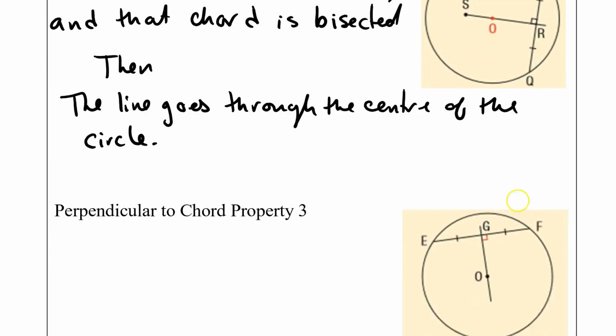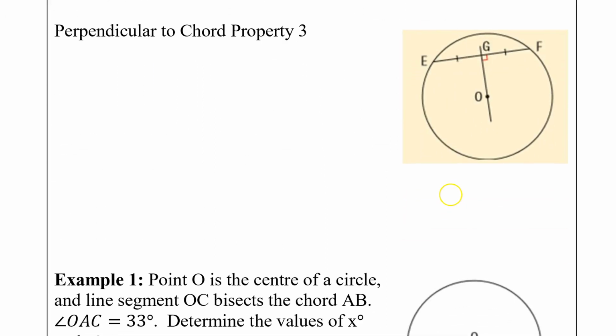Cool. And now the last one. So we're noticing that our right angle is the thing that is the result, or the conclusion. So what do we have here? We have the bisected chord, and we have the line going through the circle.